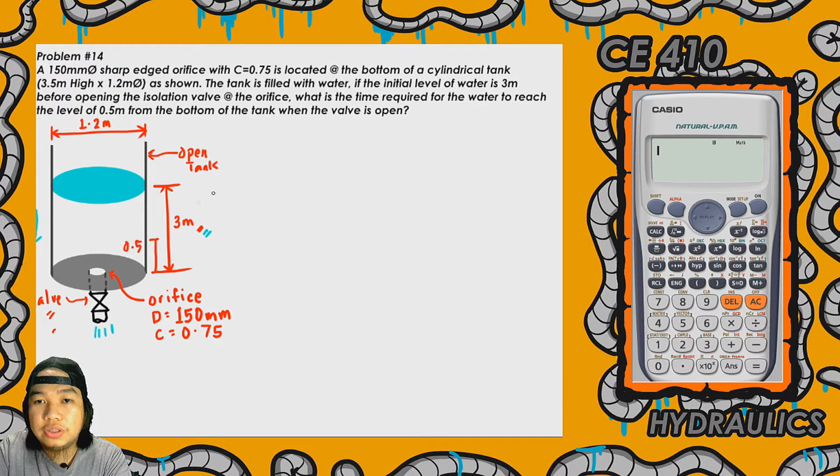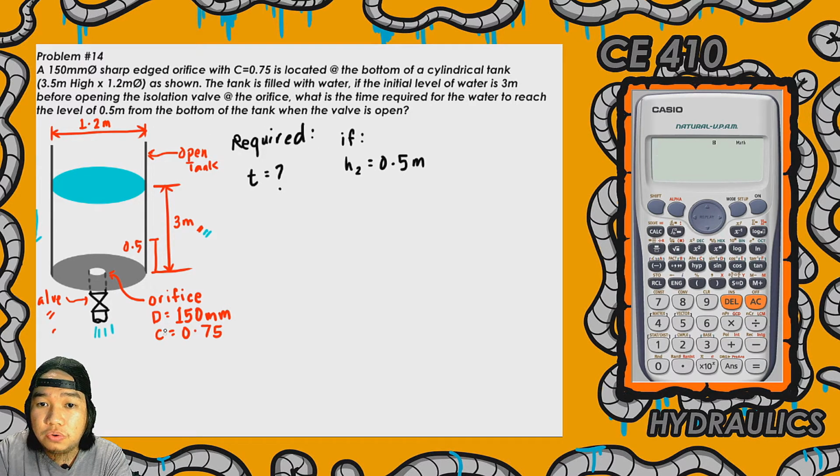So, ang tanong, ano daw yung time required if yung final height natin nung head, denote ko na lang siya as h sub 2, is equivalent to 0.5 meters. Knowing na given naman yung diameter ng orifice which is 150 millimeters at yung coefficient of discharge na 0.75.